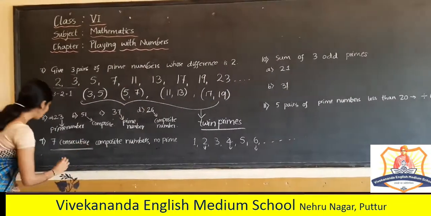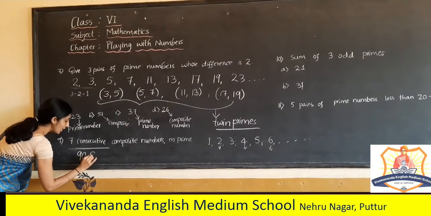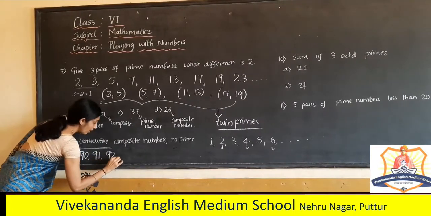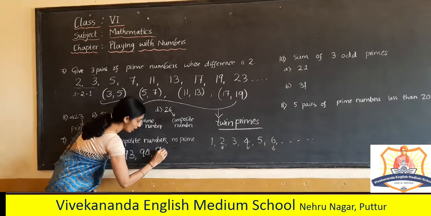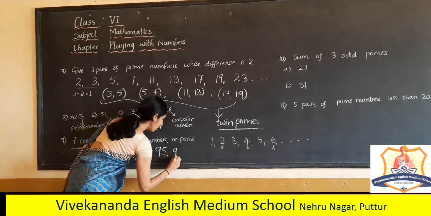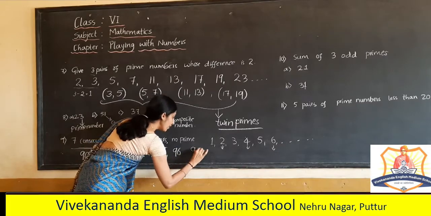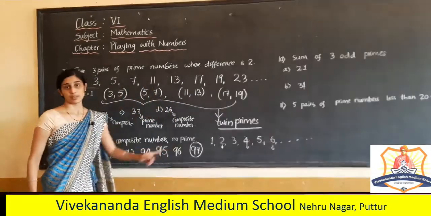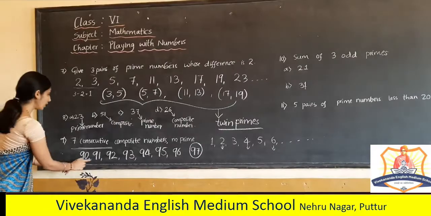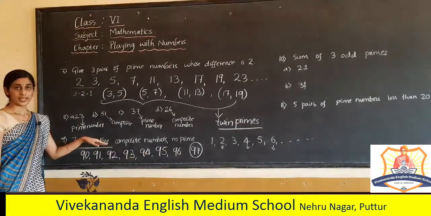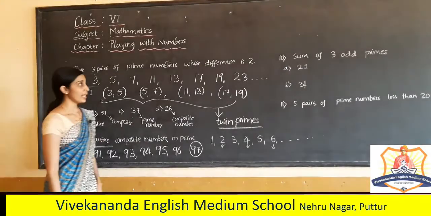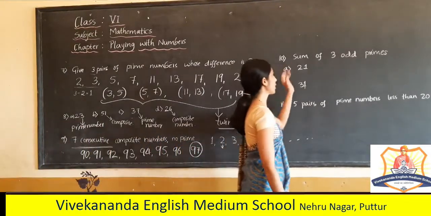So, what is the answer here? 90, 91, 92, 93, 94, 95, 96. 97 is a prime number. 1, 2, 3, 4, 5, 6, 7. So, it is clear. Next, 10th question.